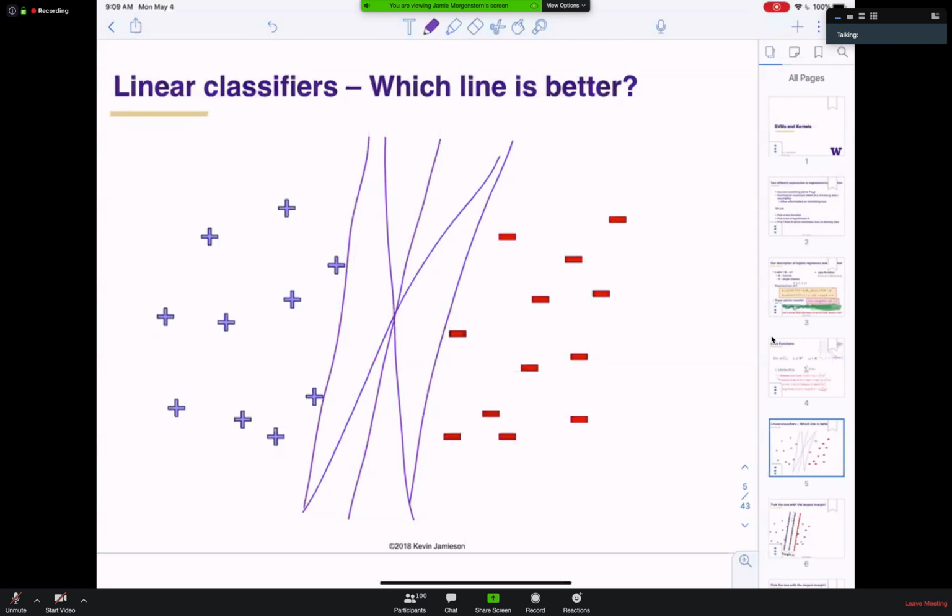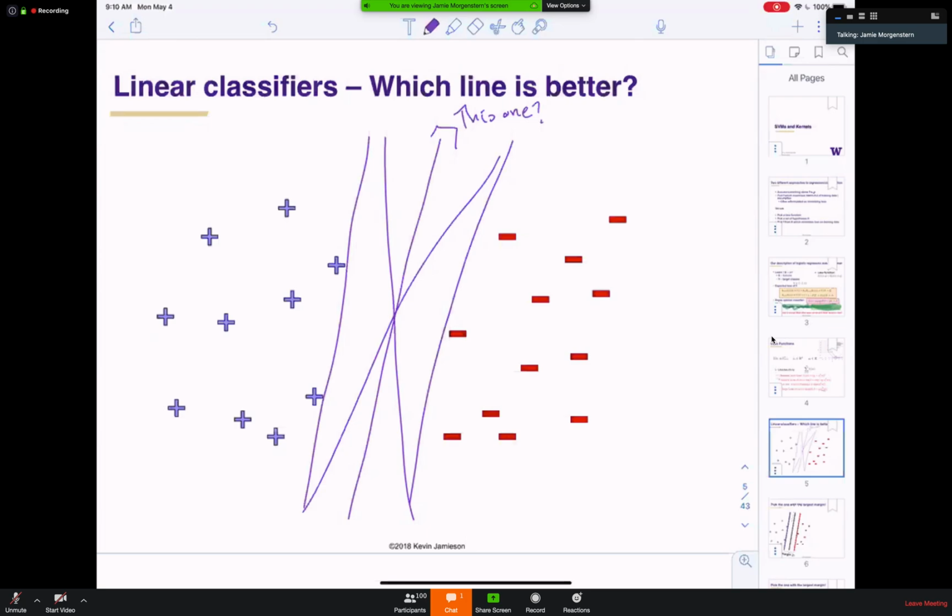Anyone can answer that question. Maybe one guess is the one in the middle? Yeah, right? It's not totally clear why, but our intuition suggests that the one that keeps the data as far apart from the decision boundary as possible might be good, right?